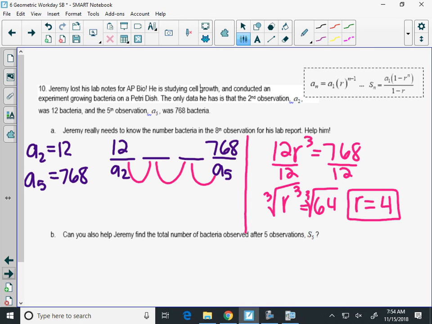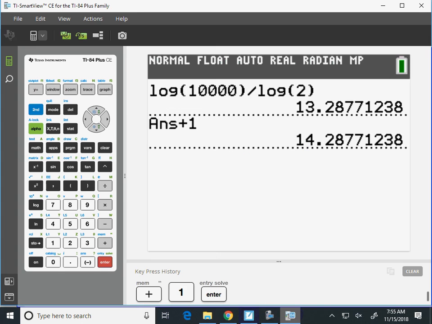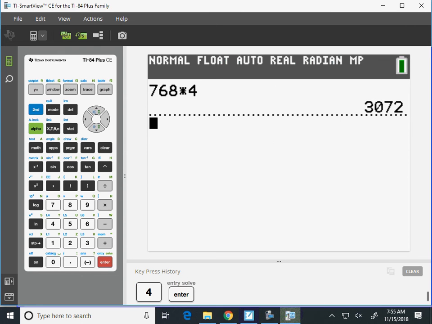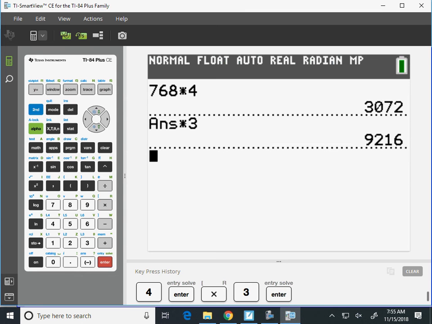Now there are a couple of ways that you can finish this problem. You could keep writing out blanks for 6, 7, 8, and just multiply by 4, by 4, by 4, which is totally fine. So we'd have to multiply by the common ratio 1, 2, 3 more times. I could take my calculator and go 768 times 4. That gives you A sub 6. This gives me A sub 7.